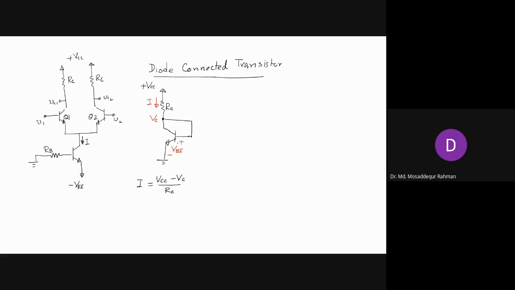Now VC is nothing but the base emitter voltage VBE. So this we can write as VCC minus VBE divided by RC. Right? So by fixing this RC, you can fix this current I. It's a constant current I will flow.